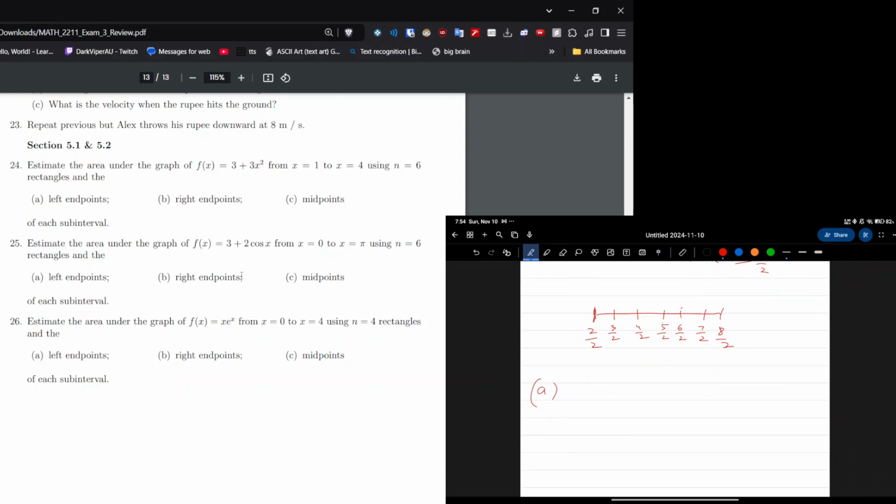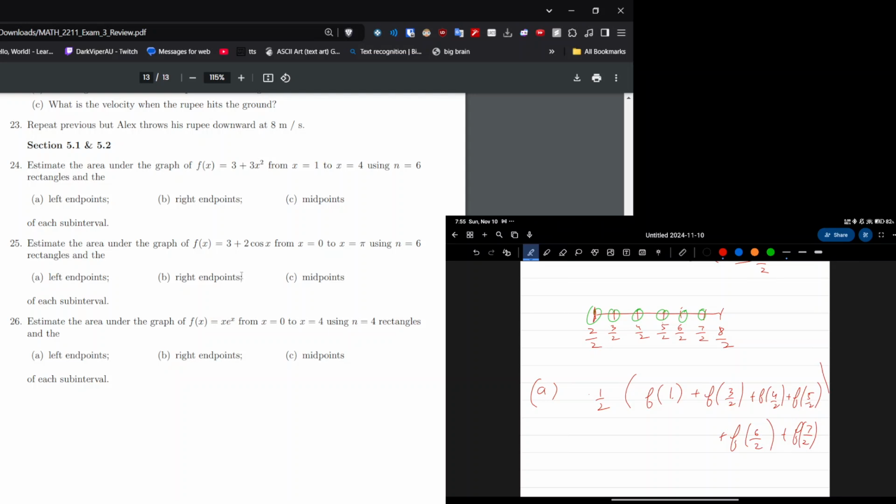So my formula for it is delta x times f of 2 over 2. Delta x was basically 1 over 2, right? So delta x times f of 2 over 2, which is f of 1, plus f of 3 over 2, plus f of 4 over 2, plus f of 5 over 2, plus f of 6 over 2, plus f of 7 over 2.